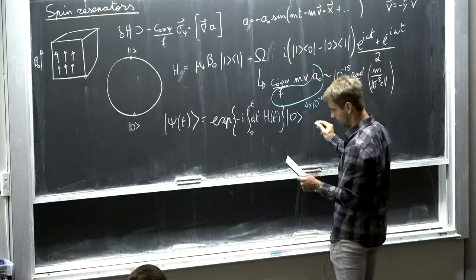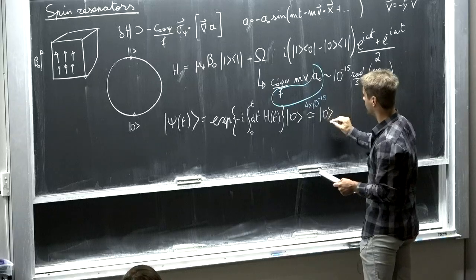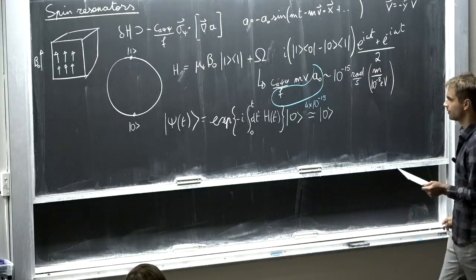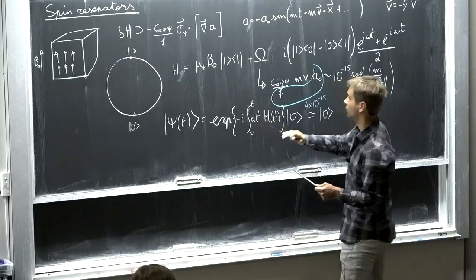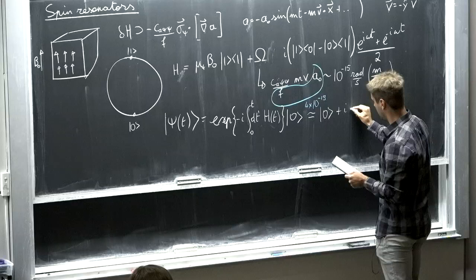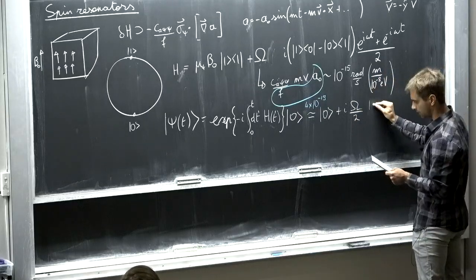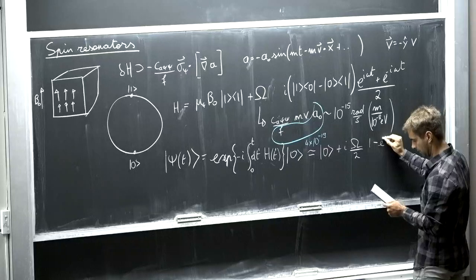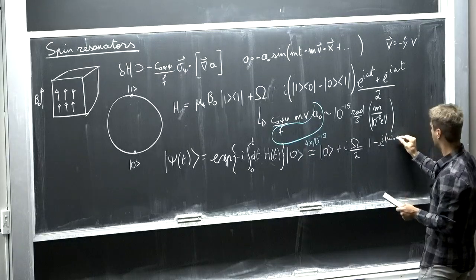So to a good approximation, well, the largest amplitude is for the state to remain in 0 because the perturbation here is small. But then I would have some excitation here that looks like effectively some sinc function.